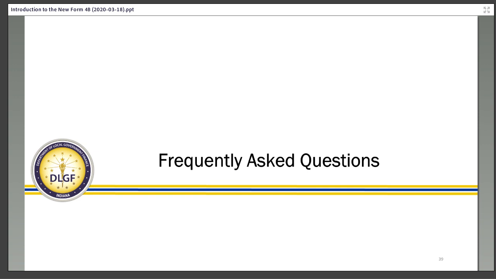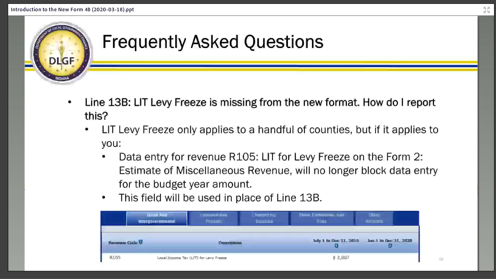The last section I wanted to take a look at were just a trio of frequently asked questions. The first one deals with a very small subsection of units. If you are currently in a county that is LIT levy freeze, where you are reporting that LIT levy freeze amount to the department on line 13B, you'll notice that that is one of the few rows that did not find its way into the new template.